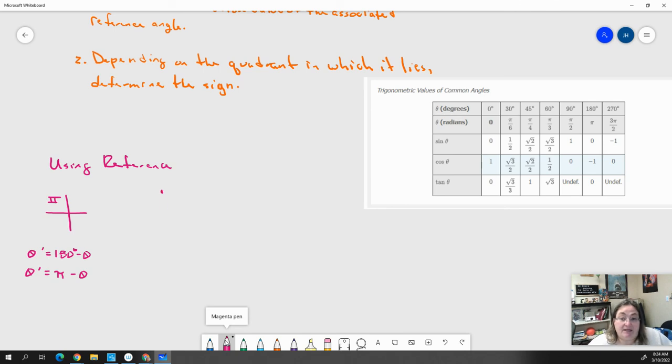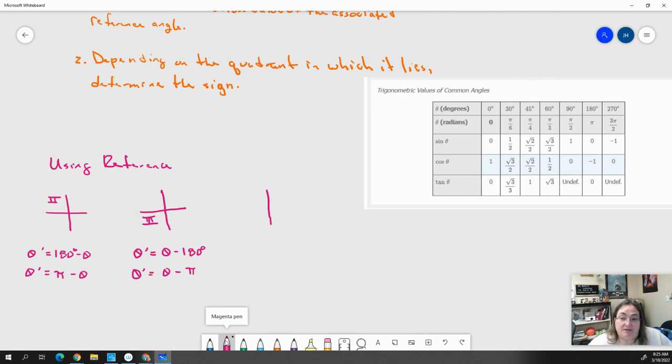And then if it fell in quadrant 3, we would do theta prime equals theta minus 180 degrees, or theta minus pi.